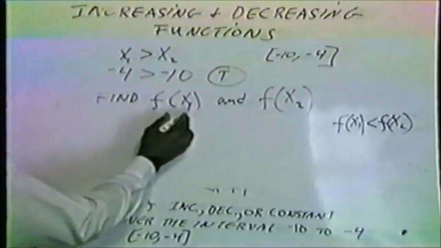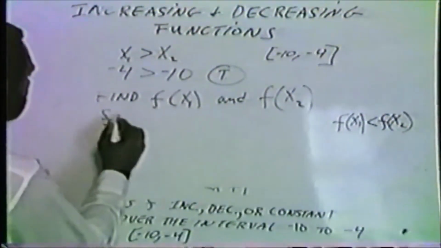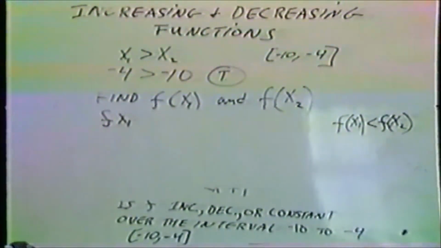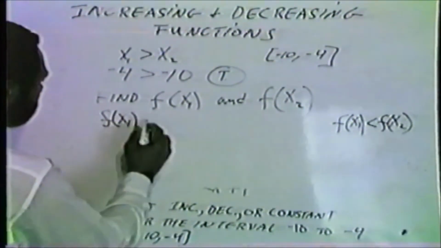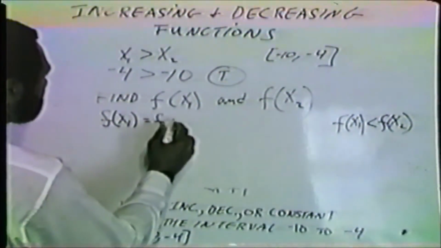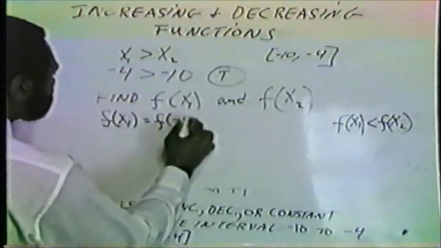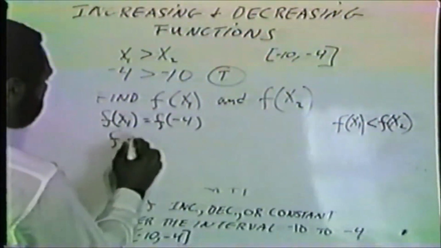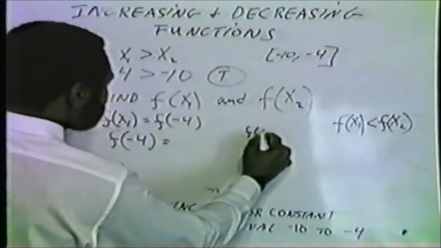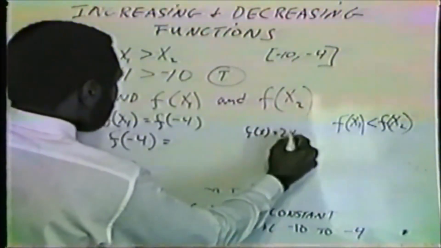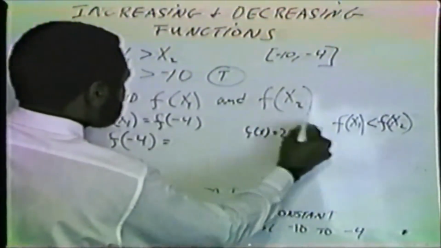Now, to find f of x of 1, we have to substitute the value for x of 1 into our original equation. So f of x of 1 would be equal to f of negative 4. Remember, the original equation was f of x equals 2x squared plus 1.